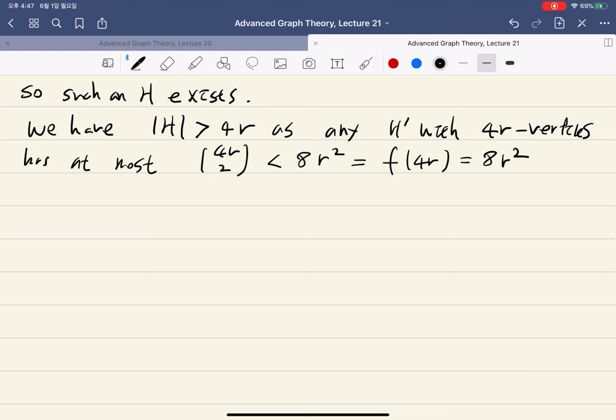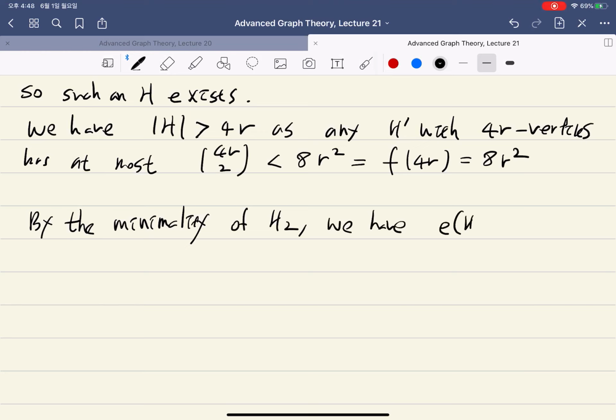So now, I check that it's, so by the minimality of H2, we have number of H's in H2. No, H, sorry. What do we have?